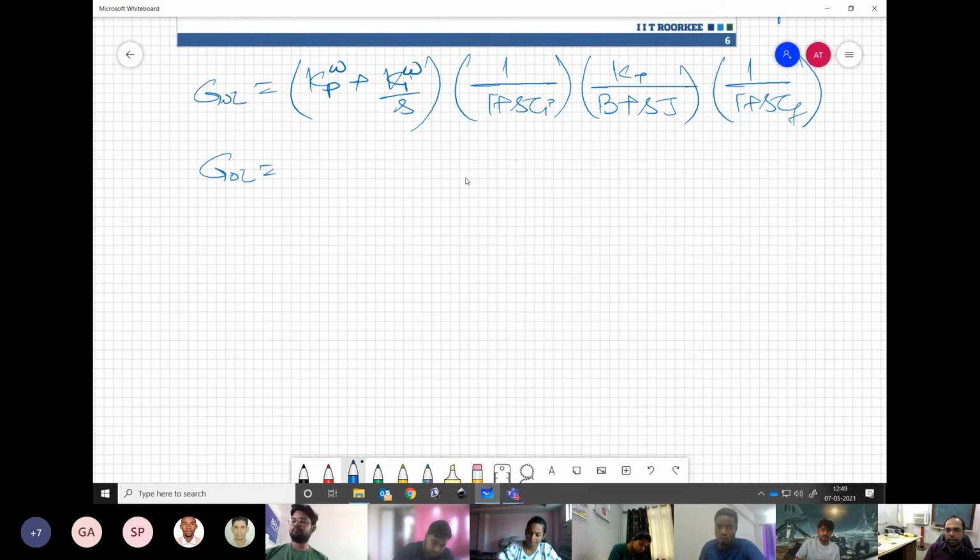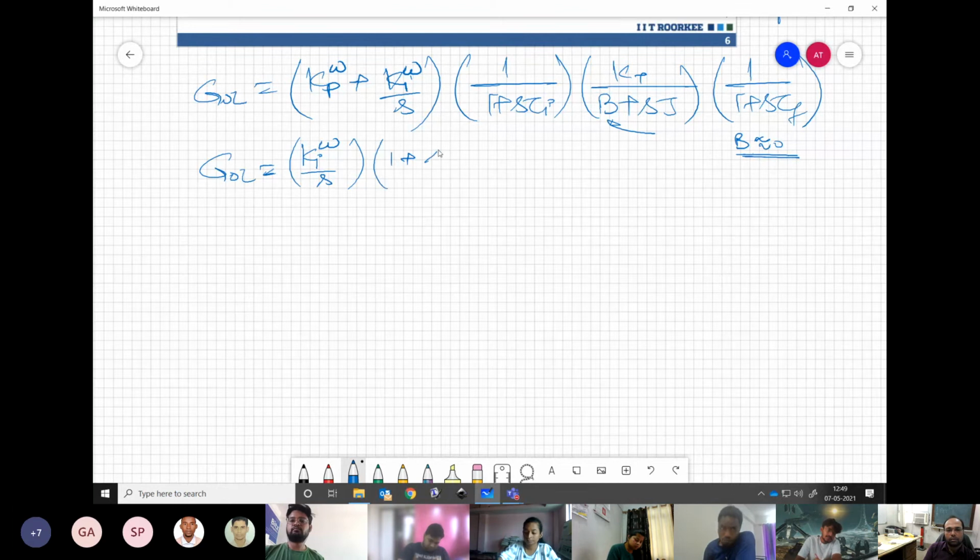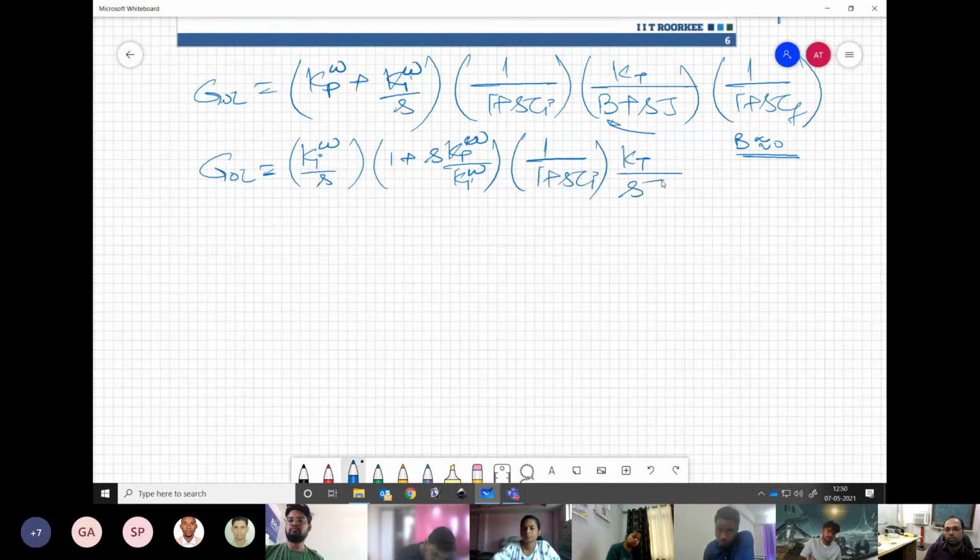Now, if I rearrange, two things to notice over here. The value of B is very, very small. It's almost zero for most of the cases, most of the applications. So we can ignore this B over here. And then if you rearrange, understanding my point?